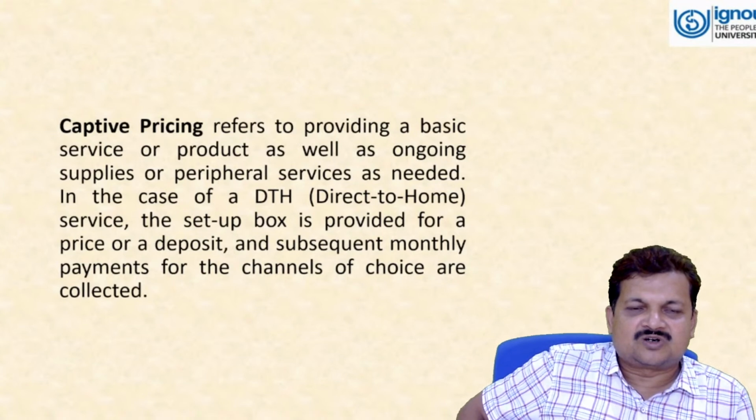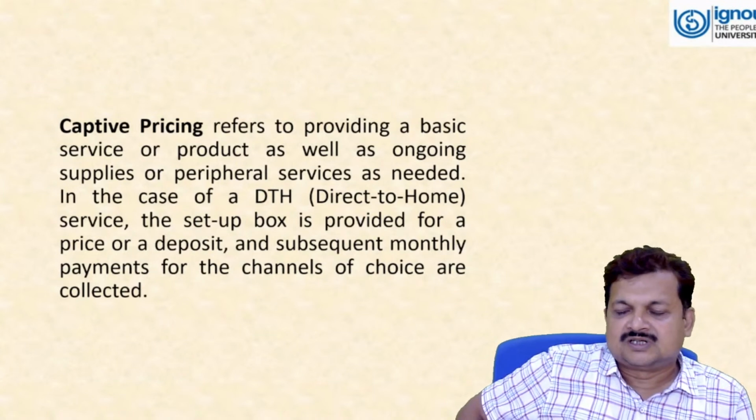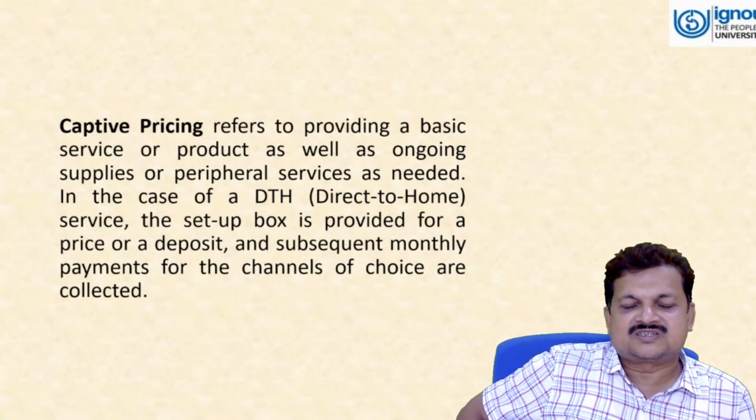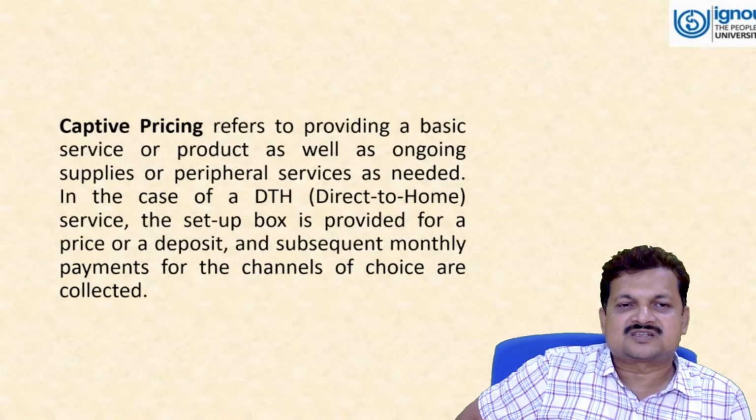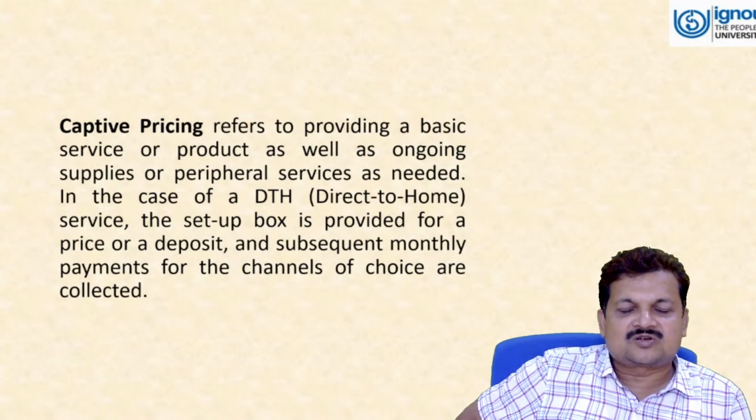There are different bundle charges: a South Indian package, a cricket package, a children's package, like that. N number of packages are there. You may select one of those packages where your preferences are equivalent to the preference given by the DTH company. But in some cases, your preferences and the company's mismatch.